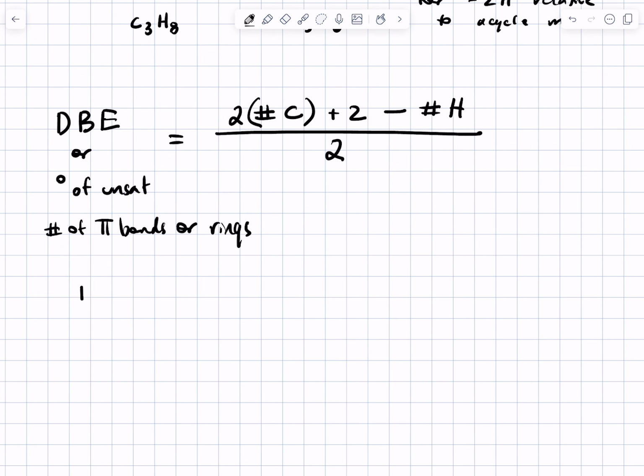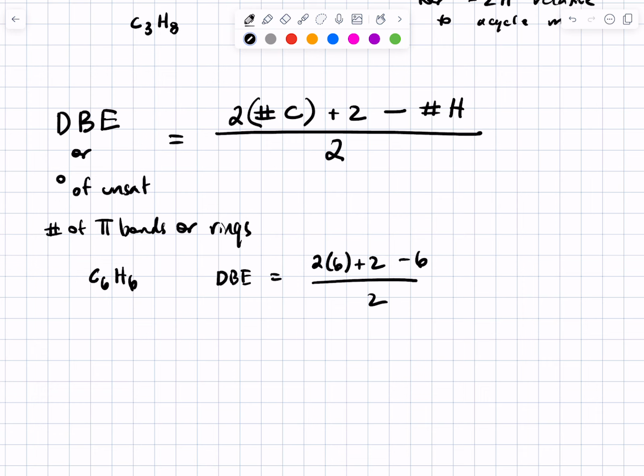So, as an example, C6H6. Okay, what are the degrees of unsaturation or double bond equivalents for C6H6? That's 2 times 6 plus 2 minus 6, divided by 2. So 14 minus 6 is 8, divided by 2 is 4.